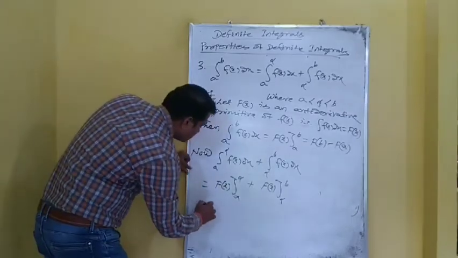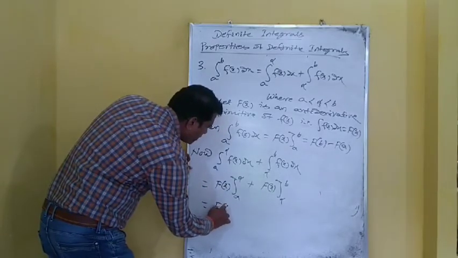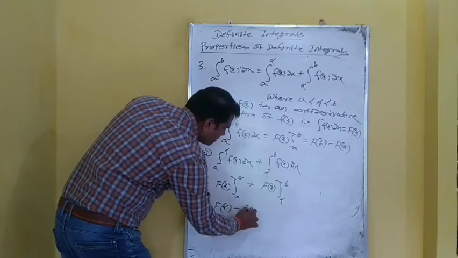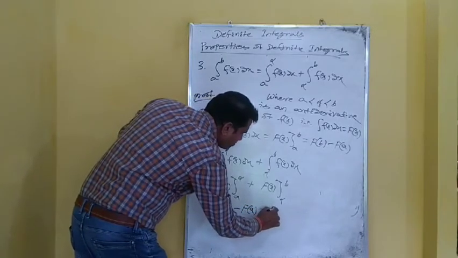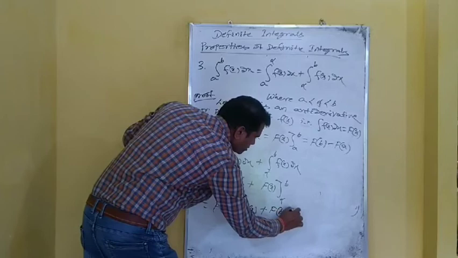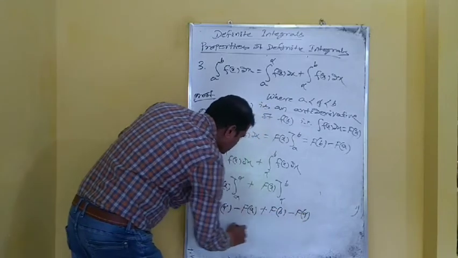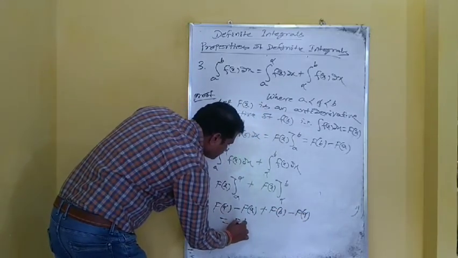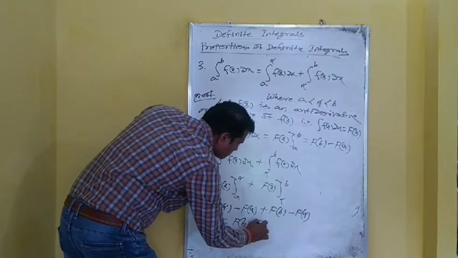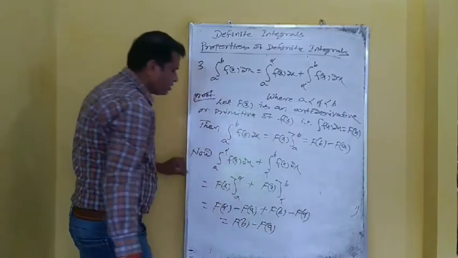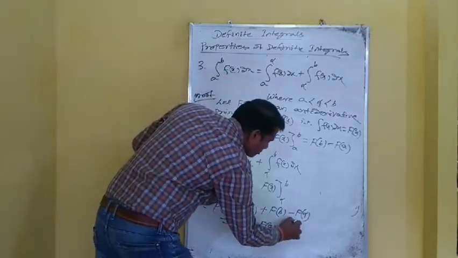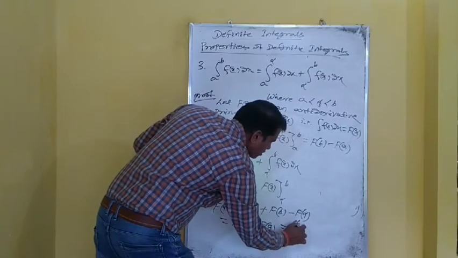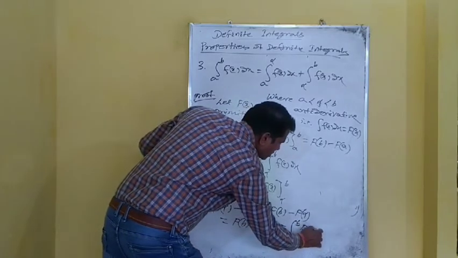So we write F of alpha minus F of a plus F of b minus F of alpha, that equals F of b minus F of a, that equals the integral from a to b of f of x dx.